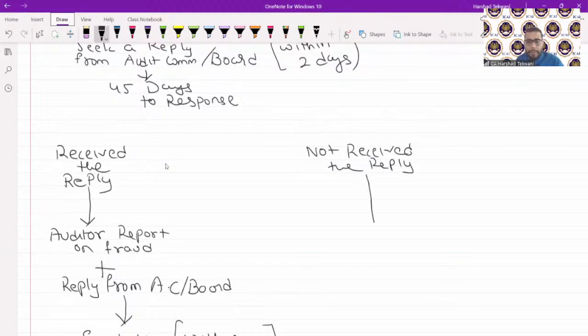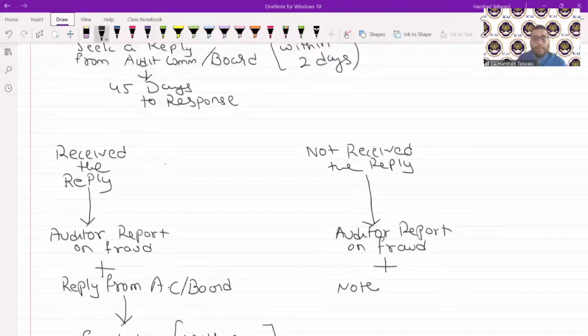If I have not received the reply, then the auditor's report on fraud plus a note saying that the board or audit committee has not provided any comments.